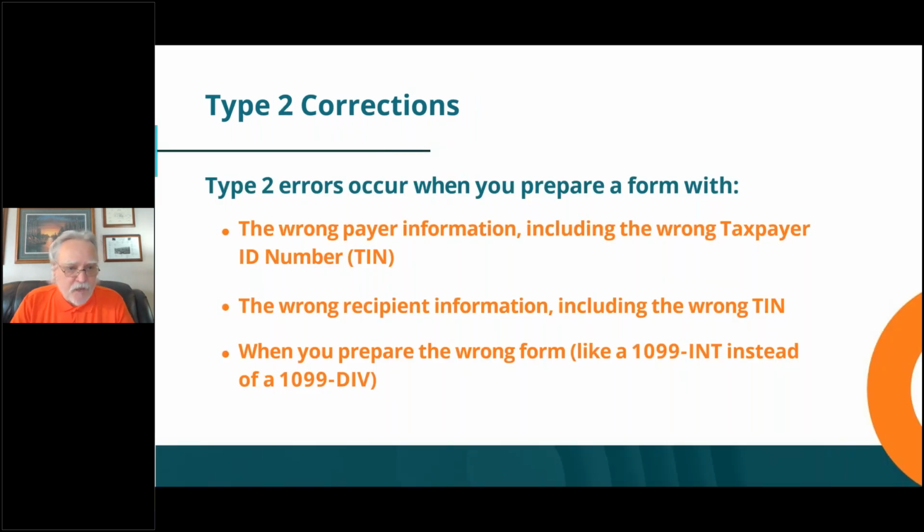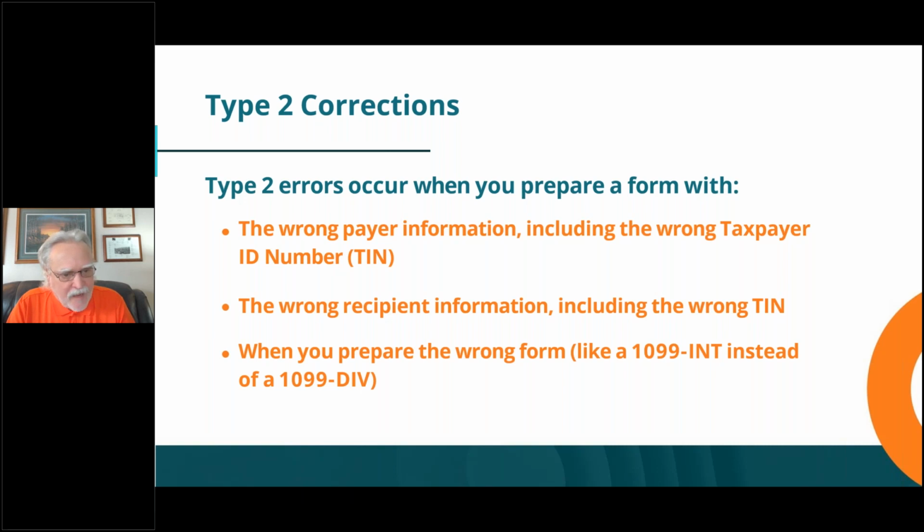Type 2 corrections are if you have the wrong payer information. You actually used somebody's tax ID number and the actual information was wrong. So wrong payer information, say you used the wrong EIN, you're filing for more than one company that you own, and you used the wrong TIN, or you used the wrong business name.